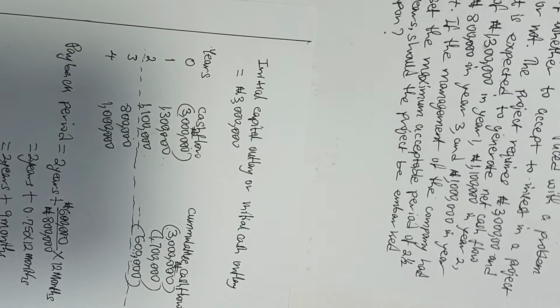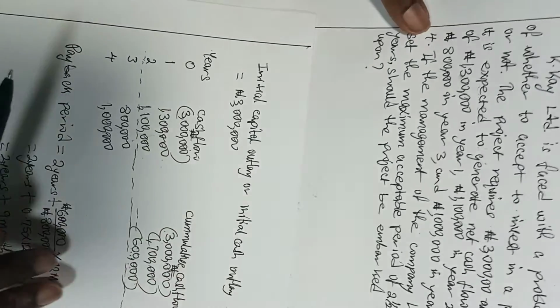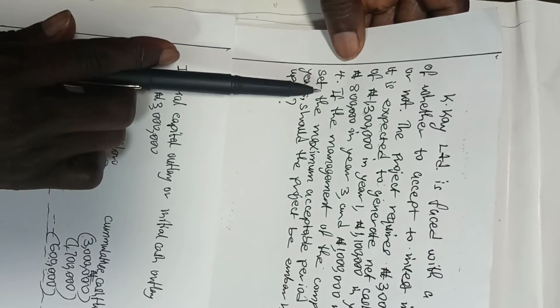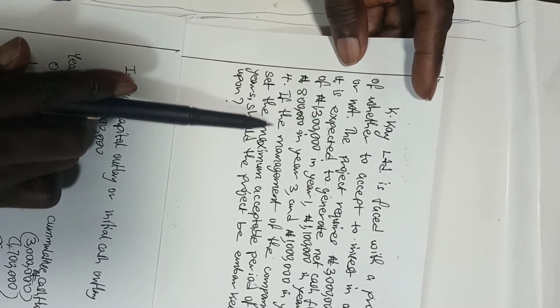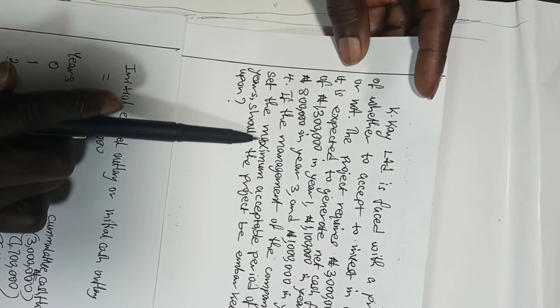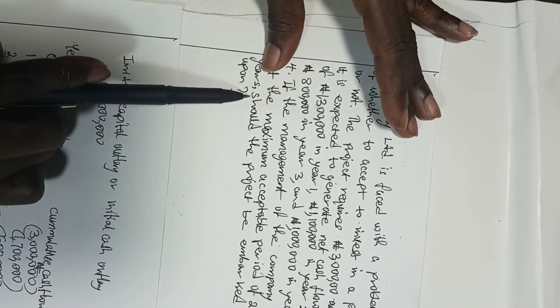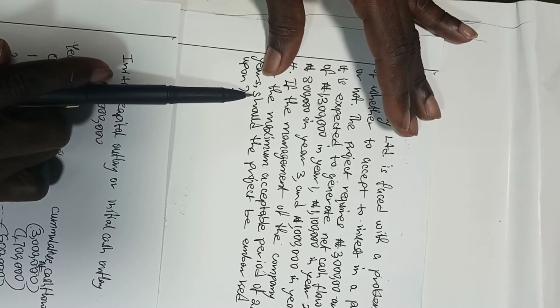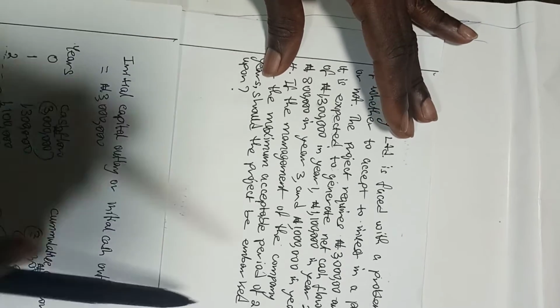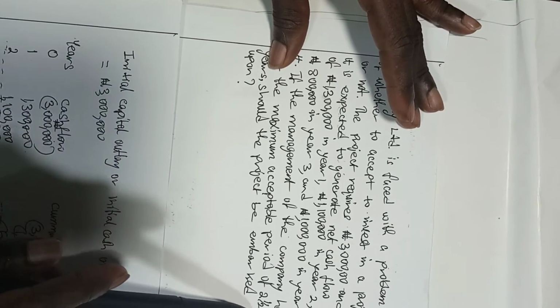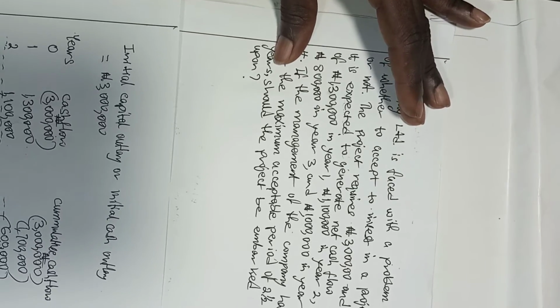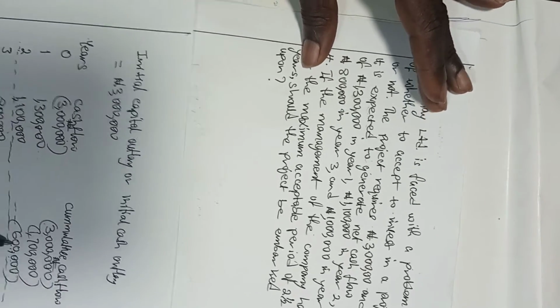So let's look at the question. If the management of the company had set the maximum acceptable period of 2.5 years, 2.5 years is 2 years and 6 months.